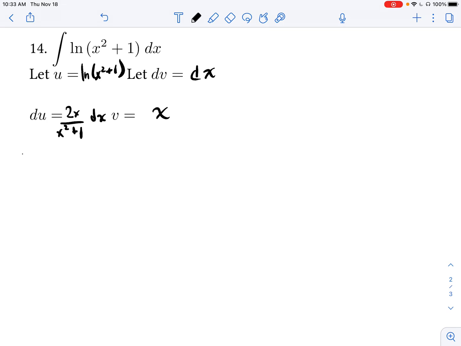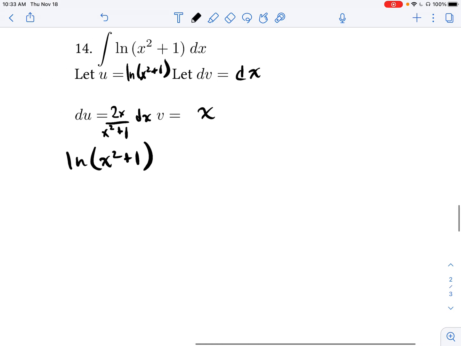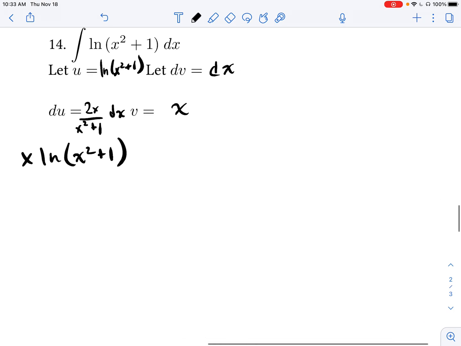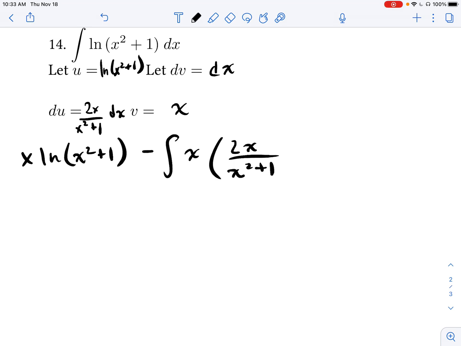So, ultraviolet voodoo, natural log of x squared plus 1 times x. I'm just going to put that x out here so we don't confuse it as being part of the argument, minus the integral of v du. Okay, and bring this down.